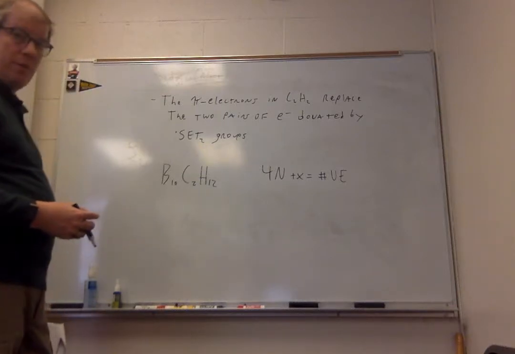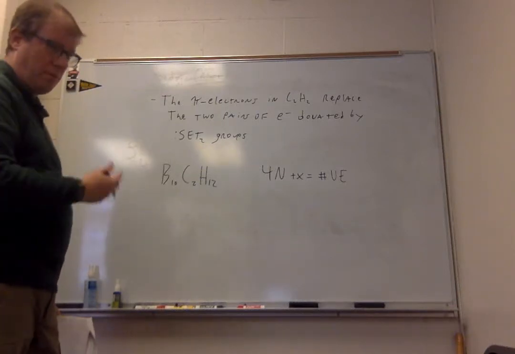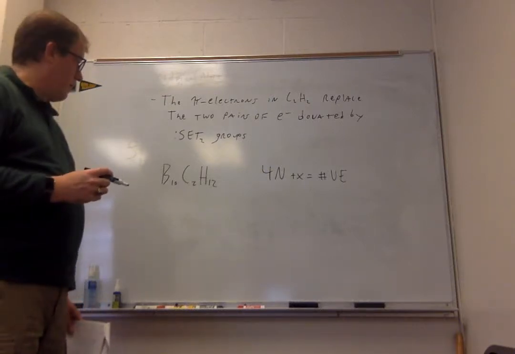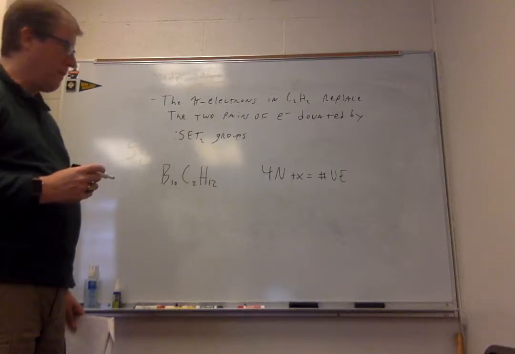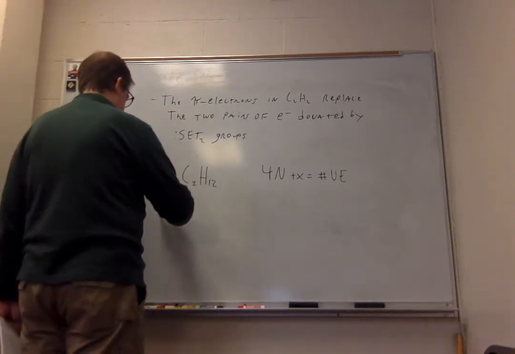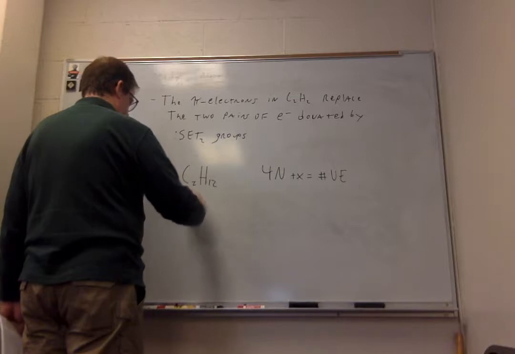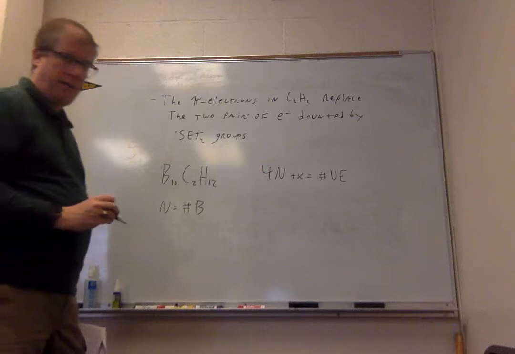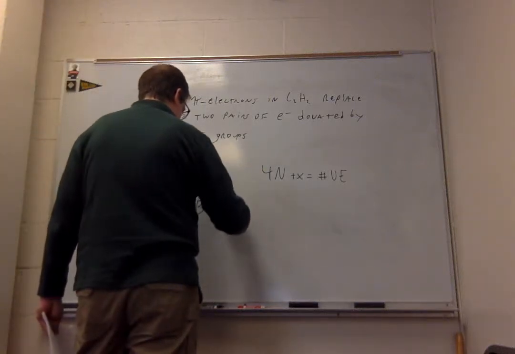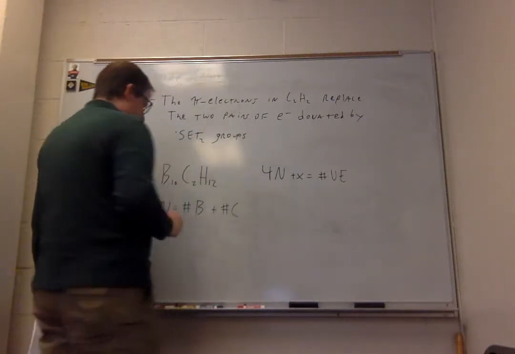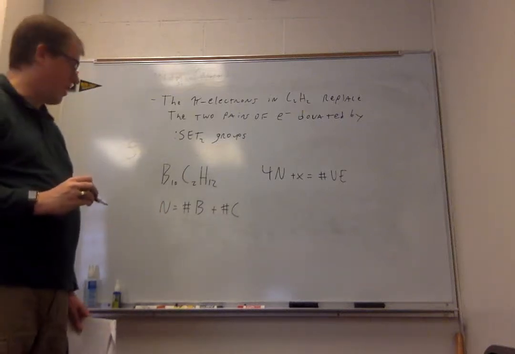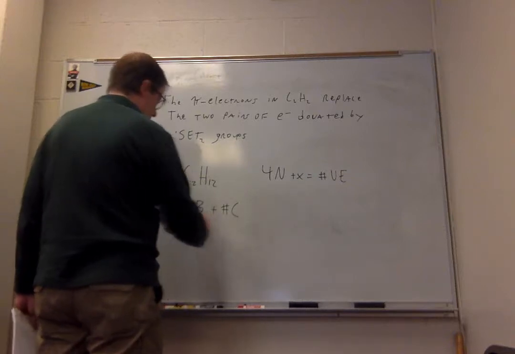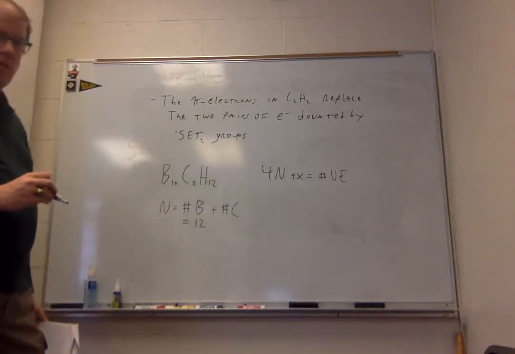But anyway, let's do it just for the sake of practice, because this will be, again, something you'll be faced with on the homework and exam situations. What's the number of vertices? Well, before, it was just the number of borons. In fact, now, it also includes the number of carbons. And so, for our species here, the number of vertices is 12.